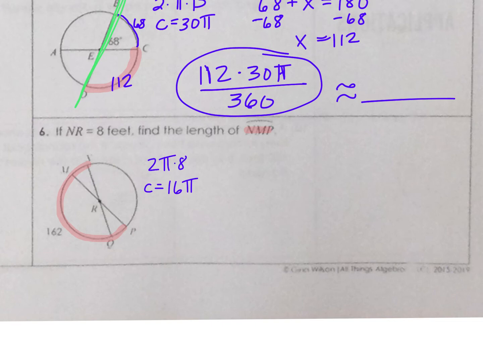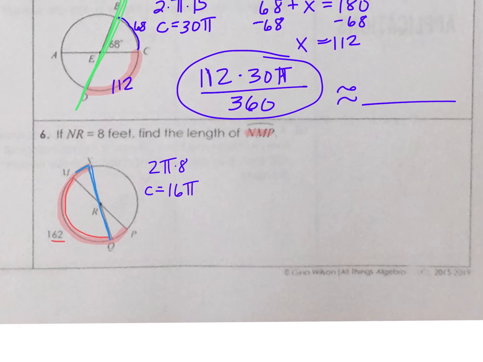Now, we know that this part right here is 162, which would tell me, and then we know that if we cut this in half, if I have a part plus a part, that's going to equal a half circle, which is 180 degrees.